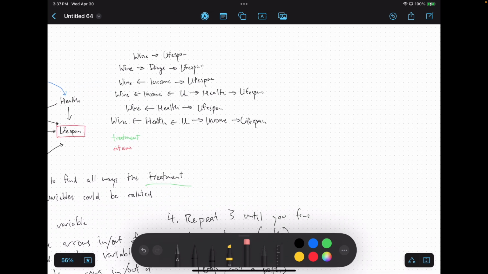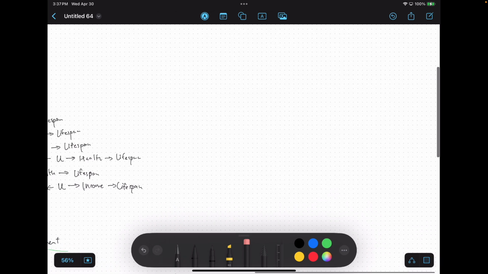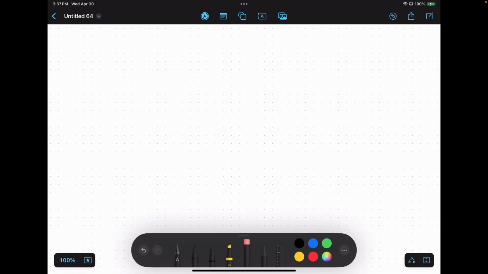So amongst all of these different potential pathways, let's talk about path types.